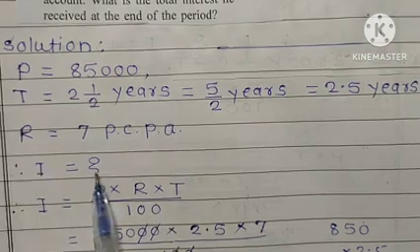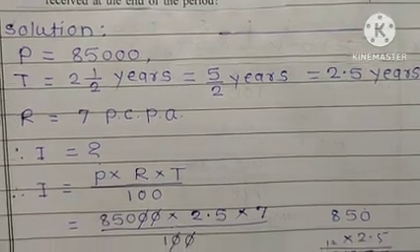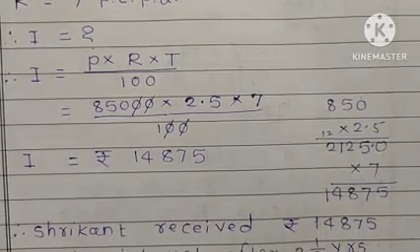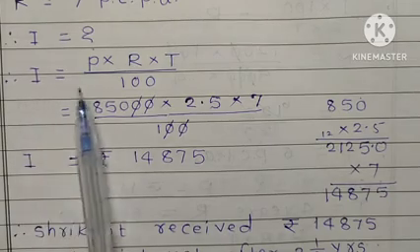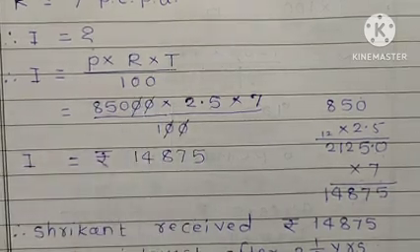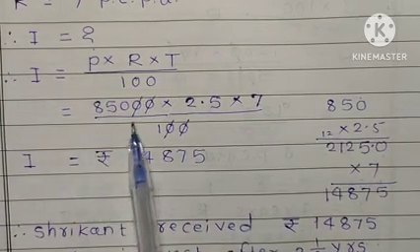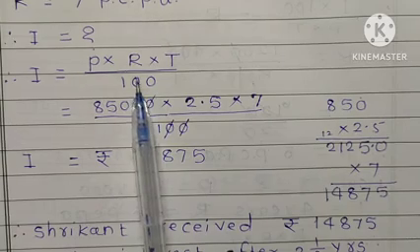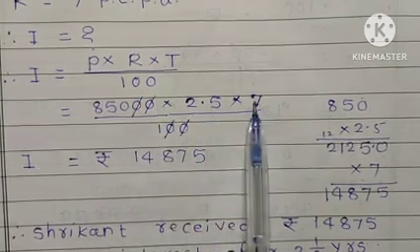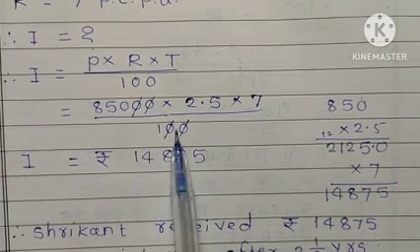Now we have to calculate interest. Okay. Now interest is given by I is equal to P into R into T upon 100. So P is 85,000, R is 7, T is 2.5, upon 100.